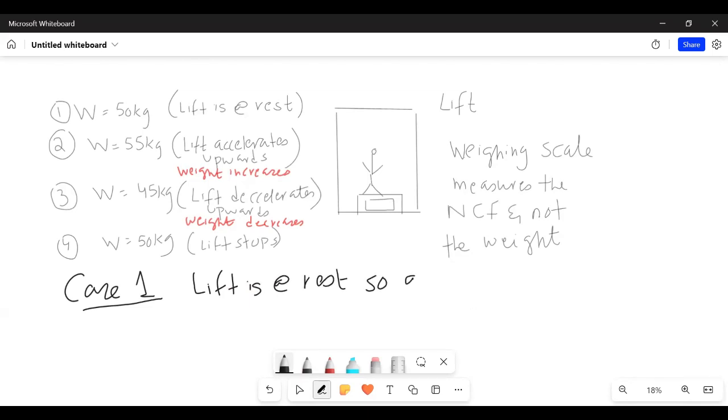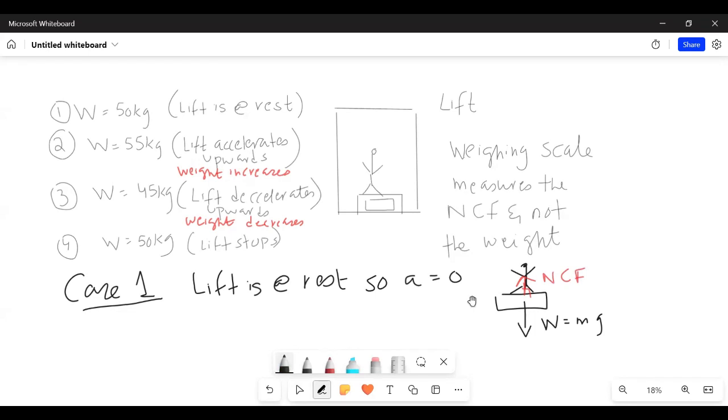So acceleration is 0, since there's no change in speed. So there's going to be a downward force of weight and there's going to be an upward force in the opposite direction, which is the normal contact force.